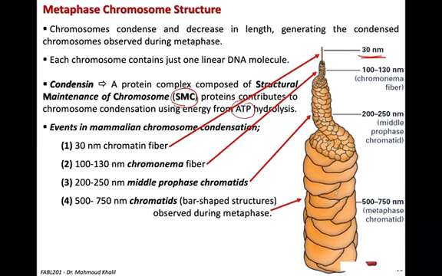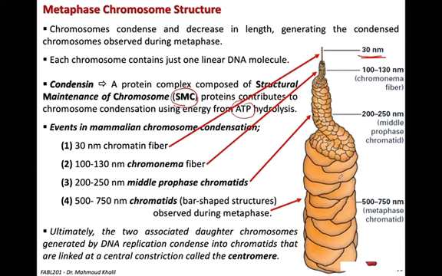Then we form the metaphase chromatid, and you can see that its thickness is now 750 nanometers. So you understand now how the DNA compacts itself with protein to form the chromatin and then the chromosome, which is a rigid structure that facilitates the process of mitosis.